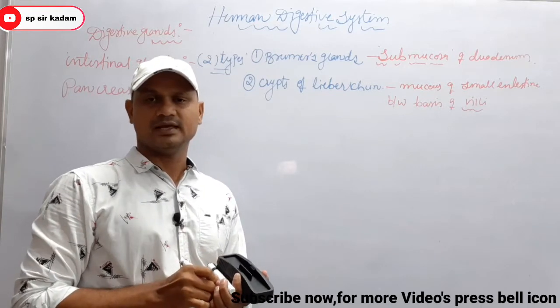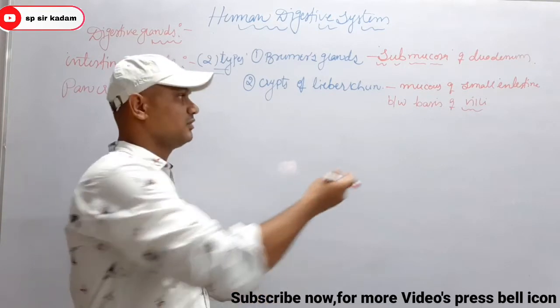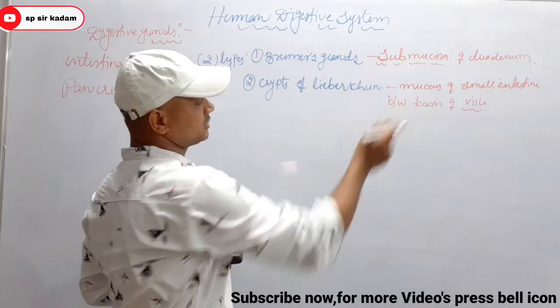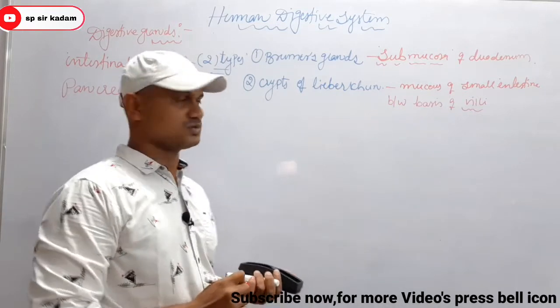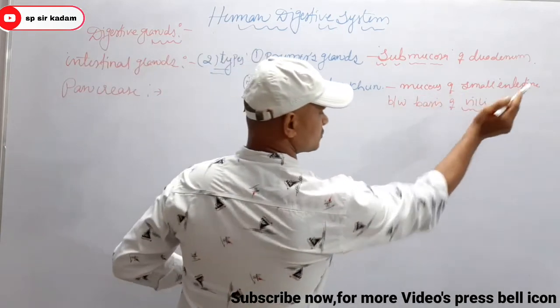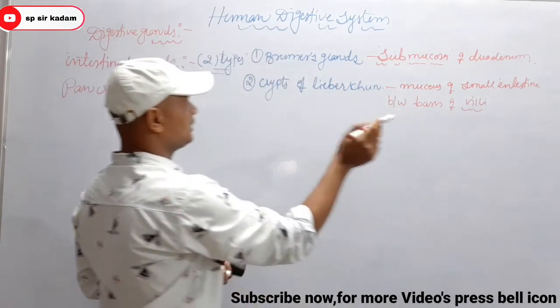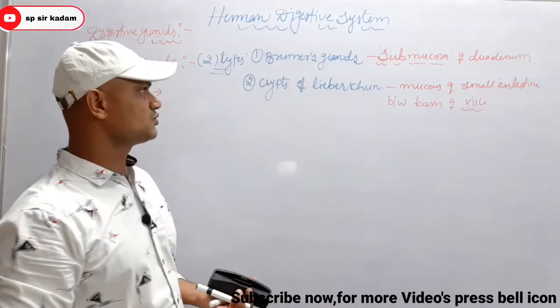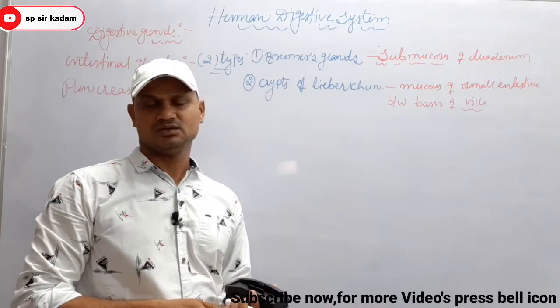We learned about villi in the previous videos. Clear? So crypts of Lieberkühn are positioned in the mucosa of small intestine between the bases of villi, and the Brunner's glands are situated in the submucosa of the duodenum.